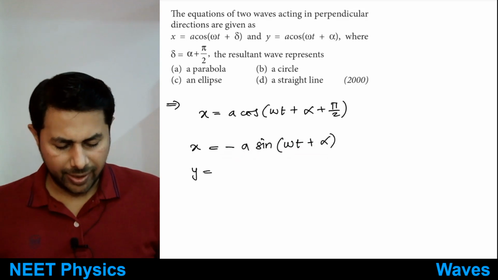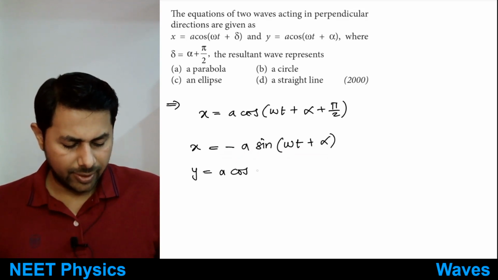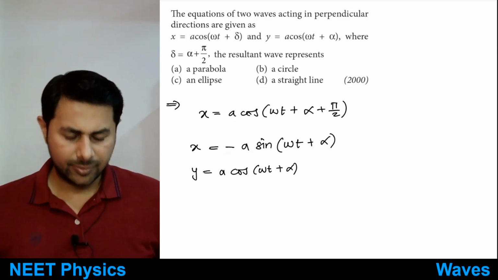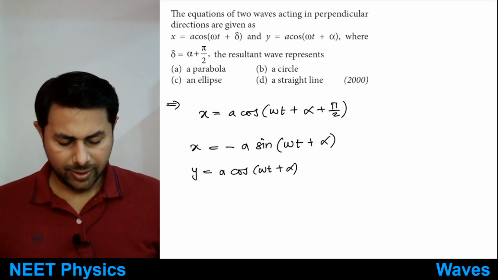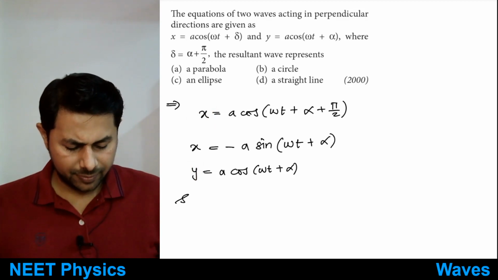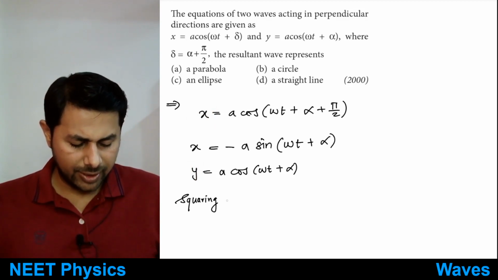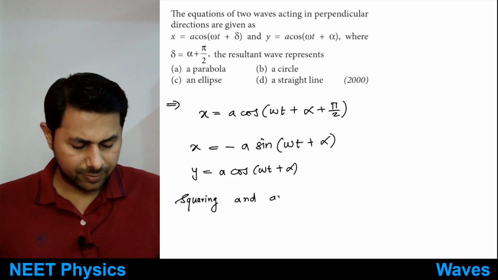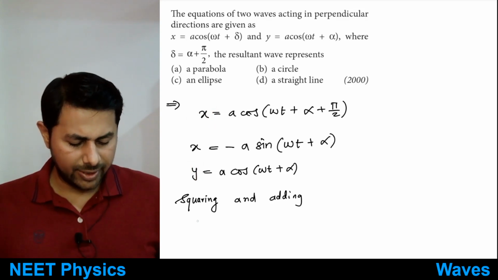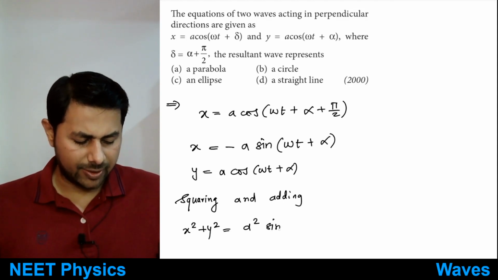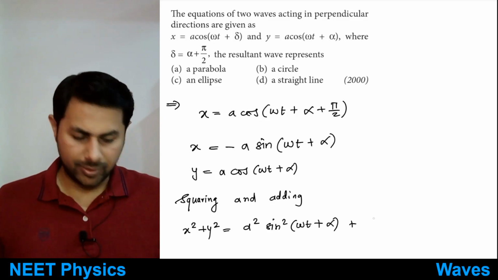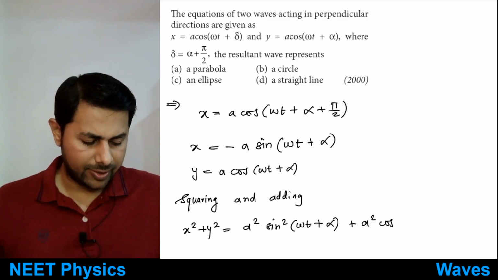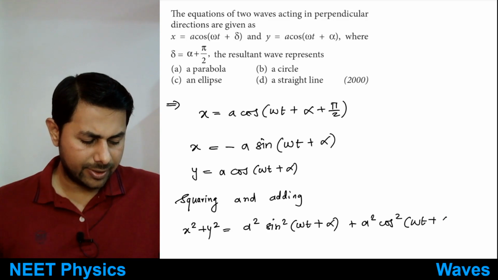What is y? Y is a cos of omega t plus alpha, and then you just square and add these two. So what do you get? Squaring and adding, you will get x square plus y square is equal to a square sine square of omega t plus alpha plus a square cos square of omega t plus alpha.